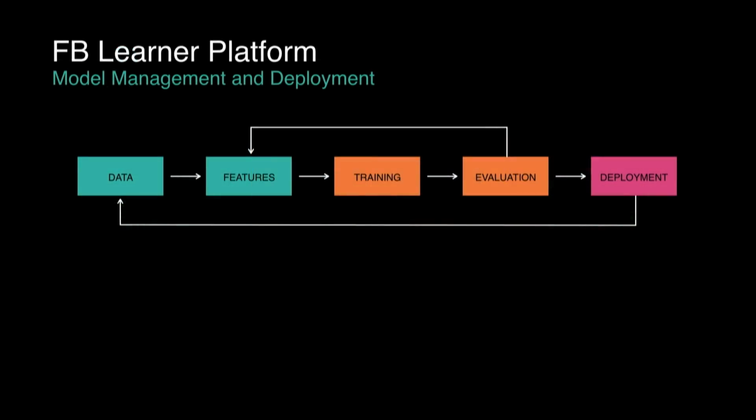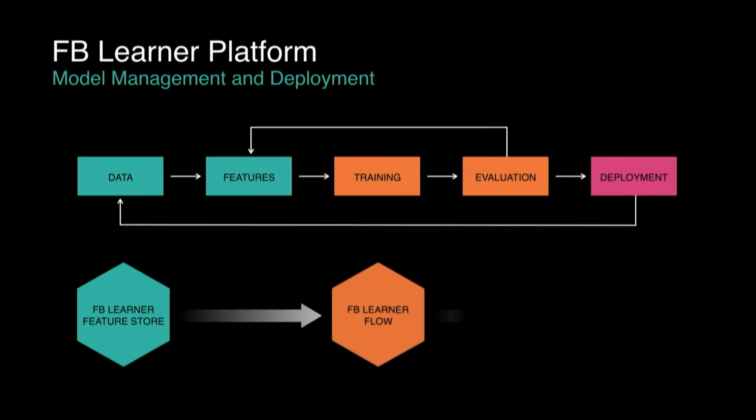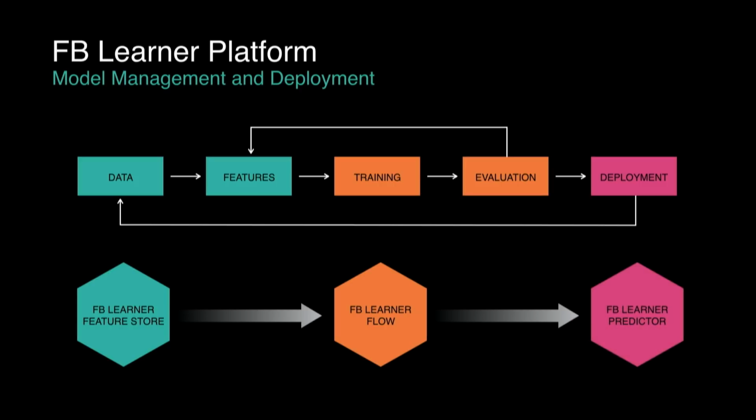So that's the hardware. Let's move up one layer. We provide internally a platform for all of our ranking engineers and developers to make the entire process pretty easy and straightforward. So we have a system called FB Learner that has components that handle each of the 3 stages of the ML pipeline.